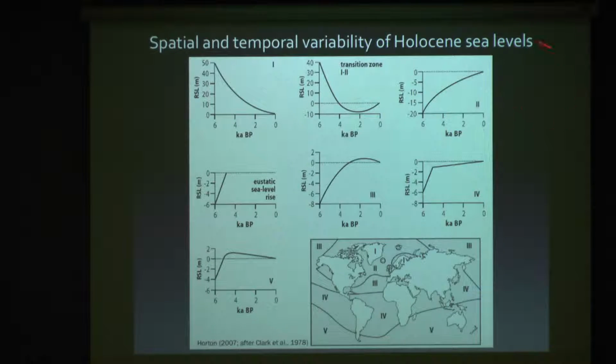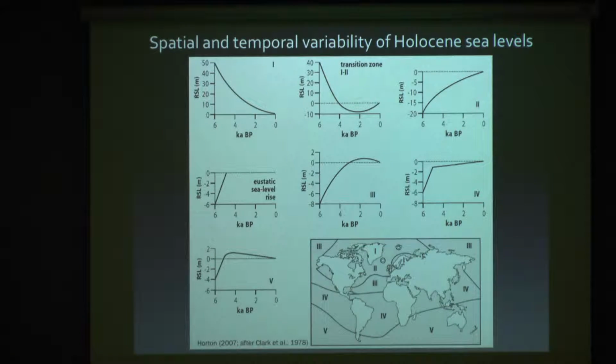Then we have our type 2, which is intermediate field sea level records. These locations were located on the periphery of former ice masses, and they have a continuous rise in relative sea level in the Holocene.